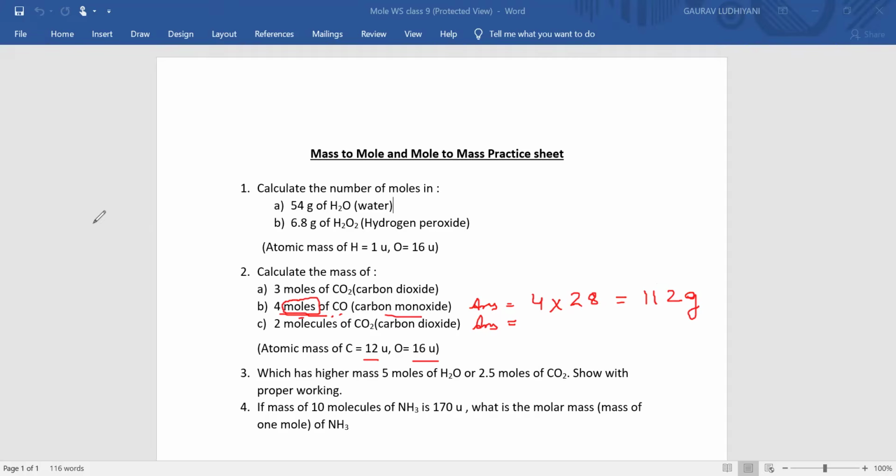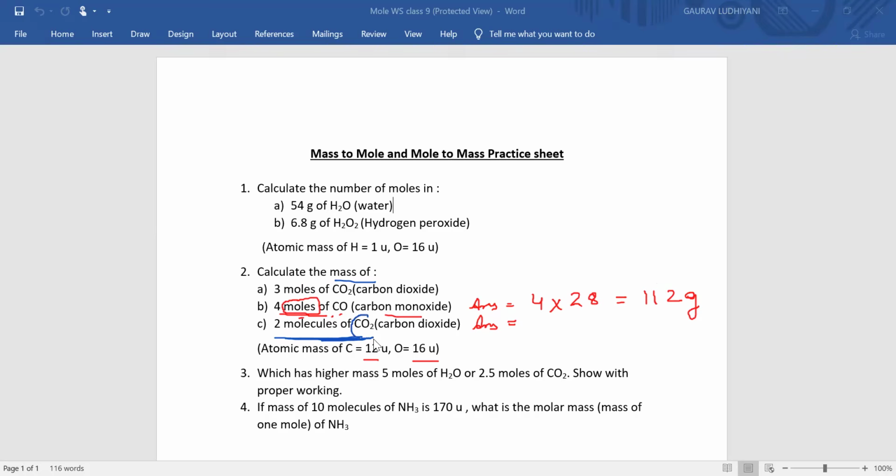For the C part, I think I should discuss this with you rather than giving you the answer directly because this is a different question. But let's discuss first. Okay. So they're asking us to calculate mass of two molecules of carbon dioxide. Again, applying tips and tricks. Mass of one, I always know how to calculate.